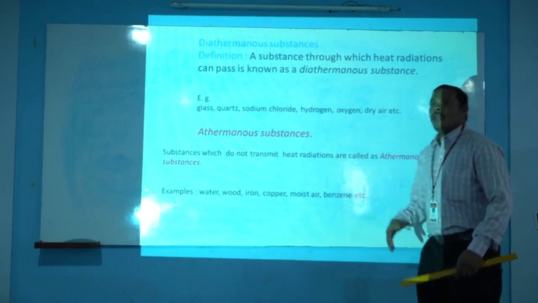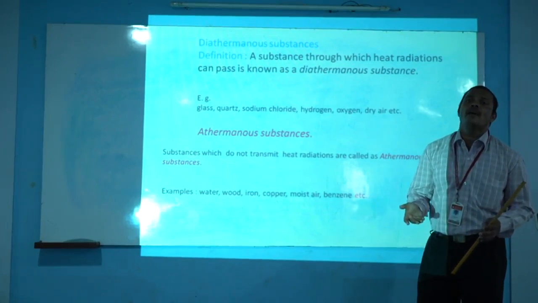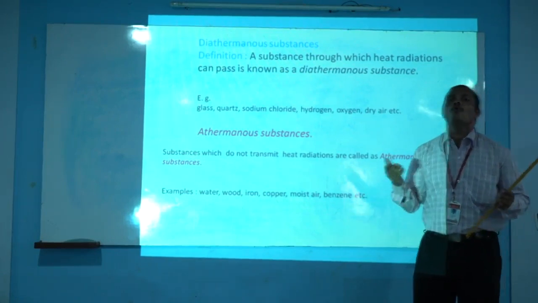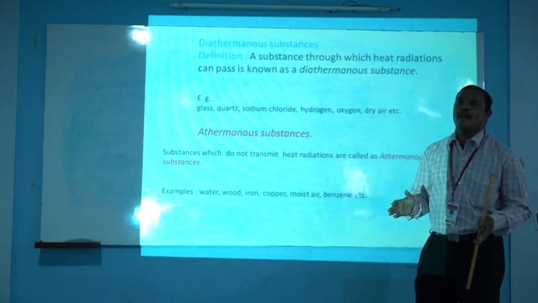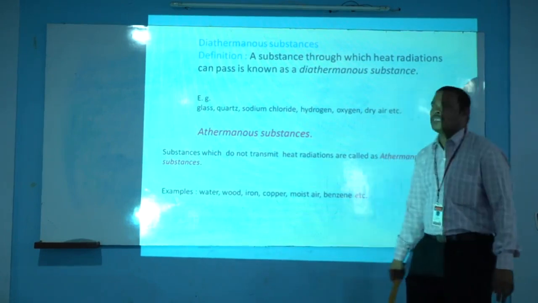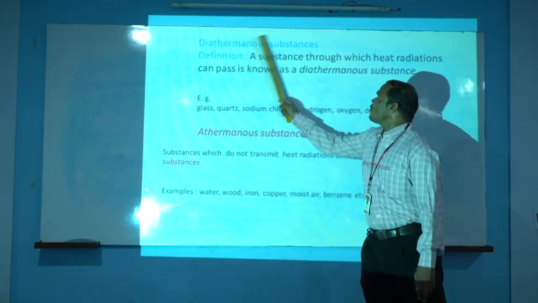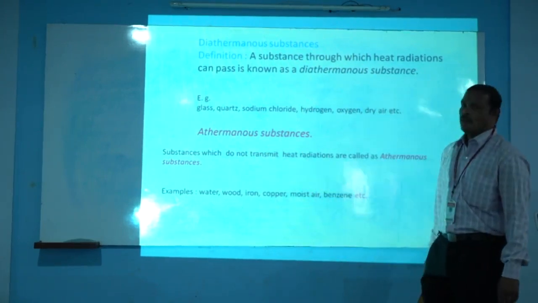Then, depending upon whether the substance can transmit heat radiation throughout it or not, we can classify substances as diathermanous substances and athermanous substances.